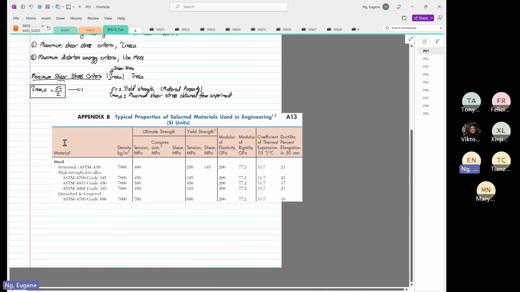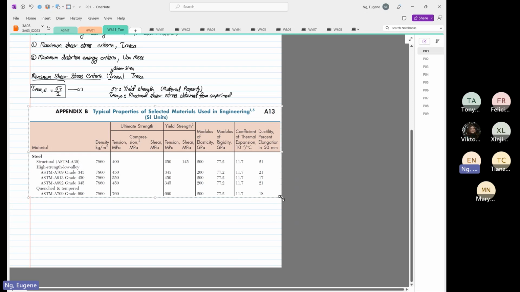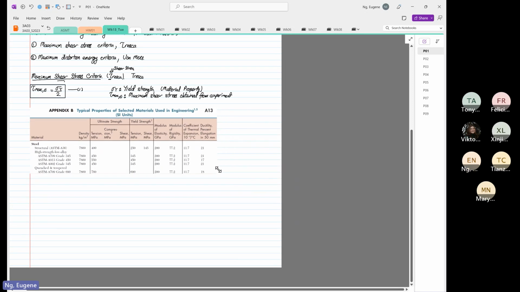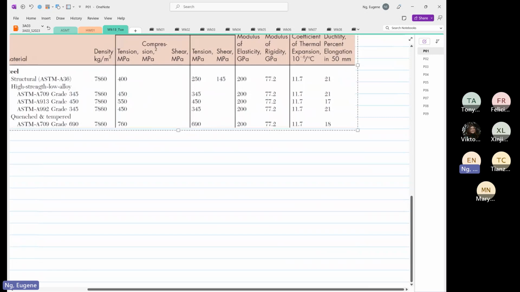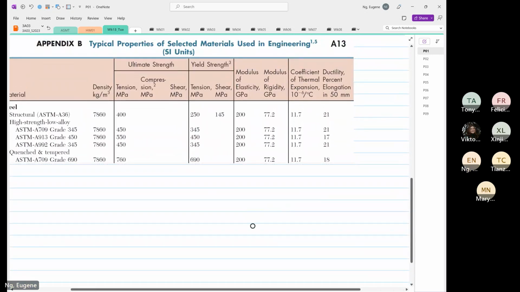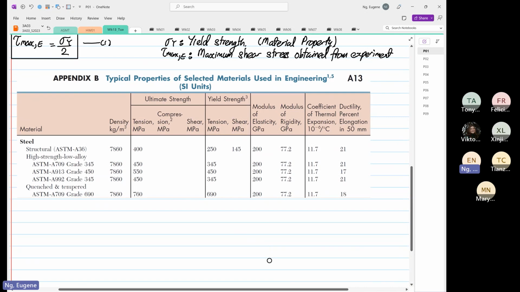This is a typical table you'll see in a material handbook, and I want you all to pay attention to this. This table shows material classification in the first column.